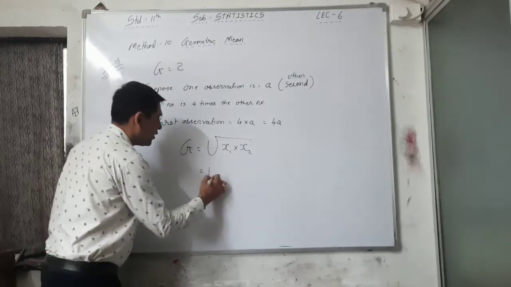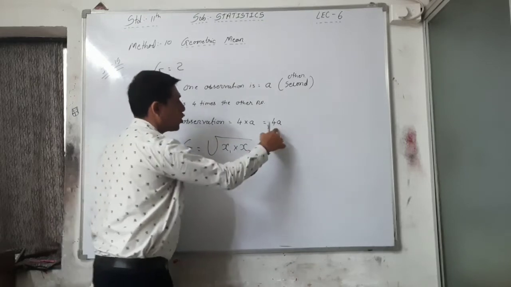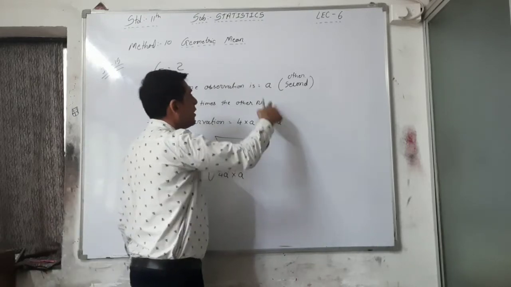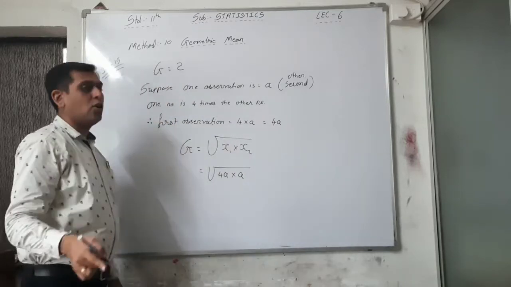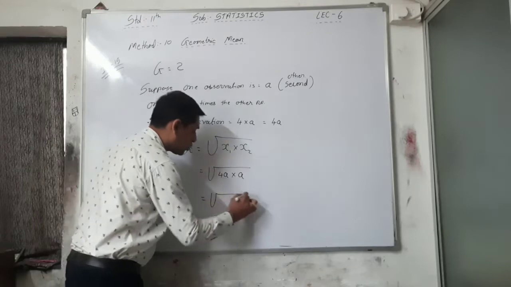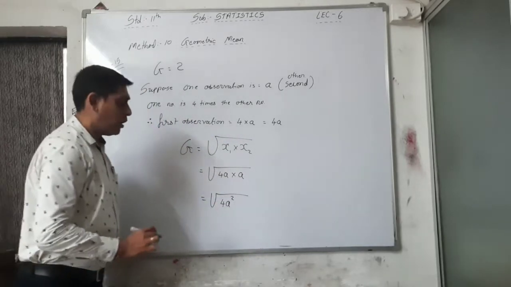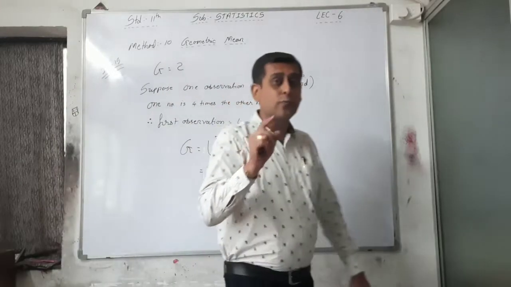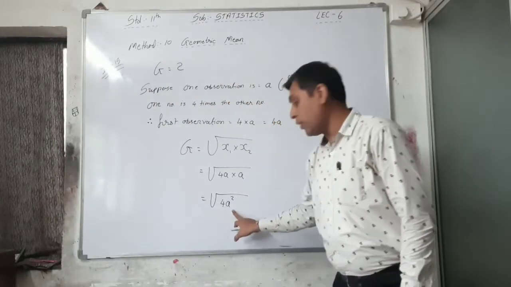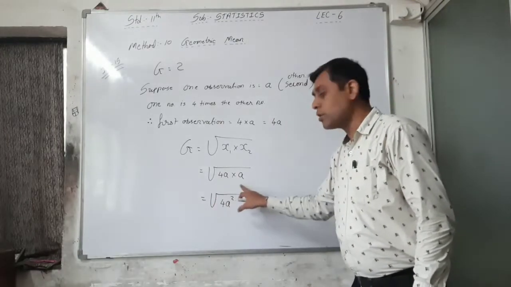Which are the two observations? 4A and A. The first observation is 4A, and the second observation is A. What is the multiplication of these two? 4A square. Now we have to find the square root of both, that is 4 as well as A square.